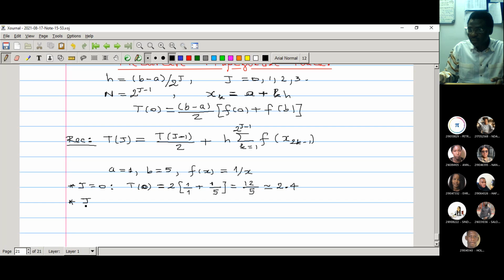J equal to 1. Okay, for J equal to 1, what is N? Remember, we need to find N here. This one, N. So what is our capital N? J is equal to 1, so it will be 2, right?